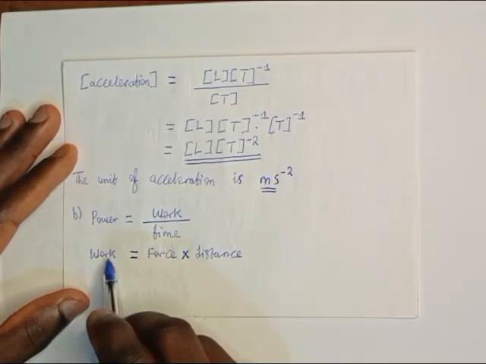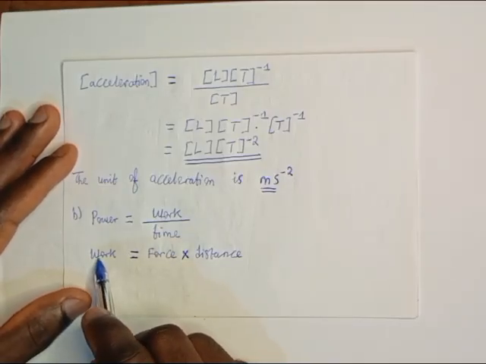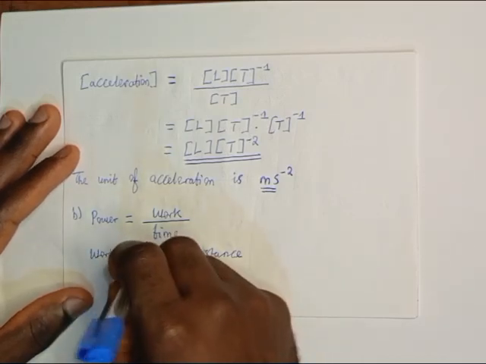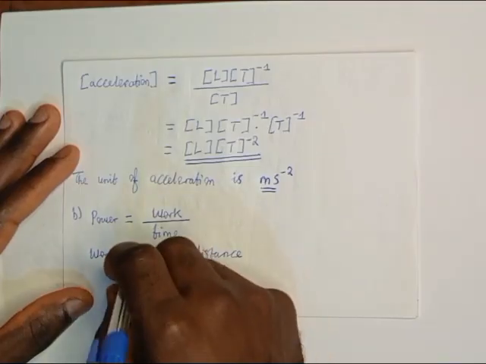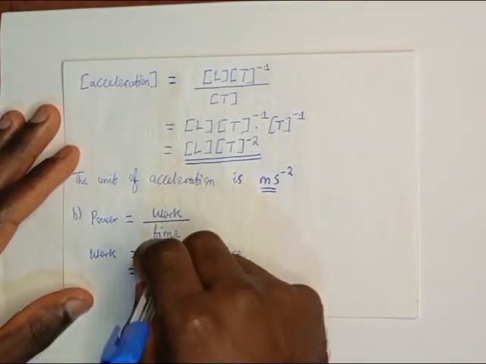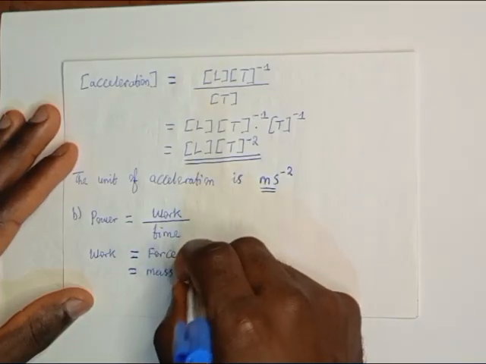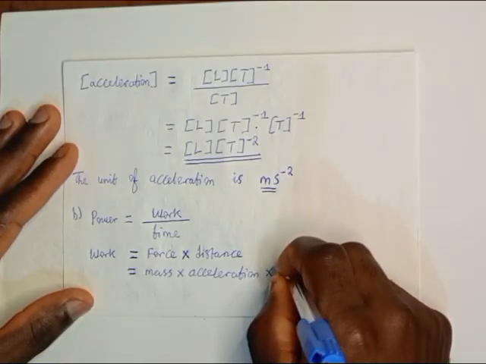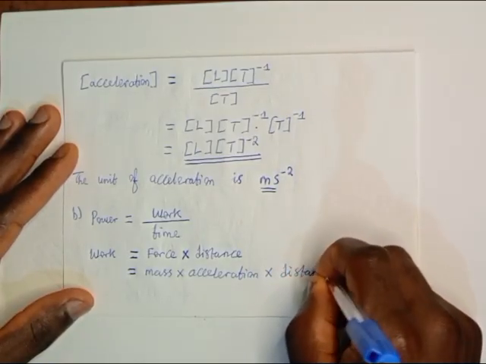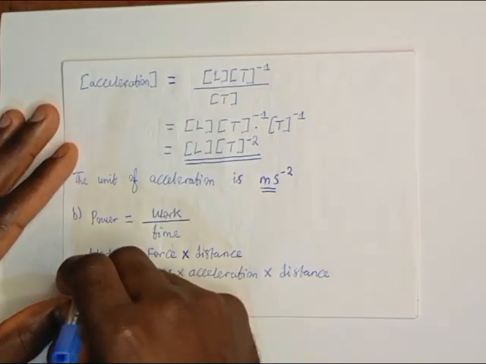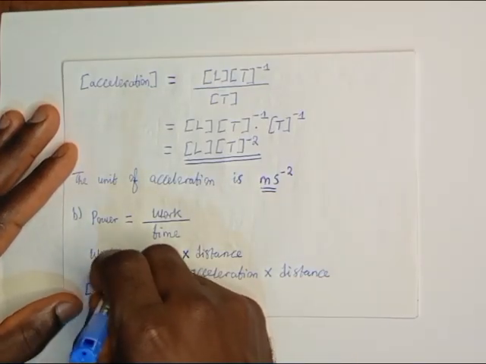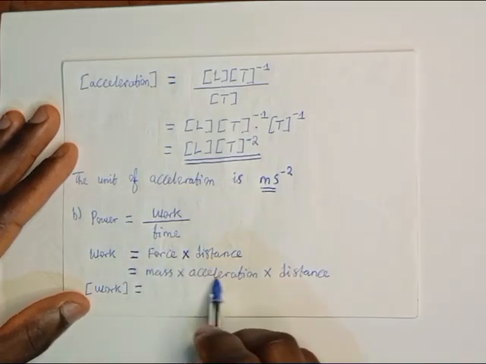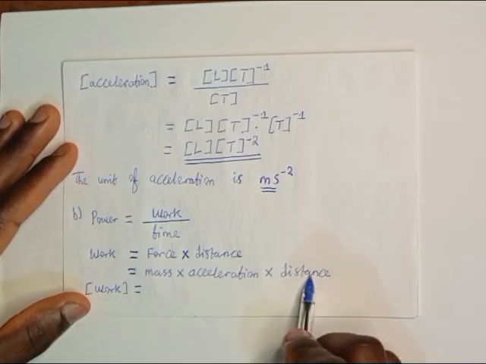First, we need to start by determining the dimensions of work before proceeding to determine the dimension of power. Work is equal to, we know force is the same as the mass times the acceleration, times the distance covered or the displacement. It simply means the dimension of work will be equal to the dimension of mass times the dimension of acceleration times the dimension of distance.